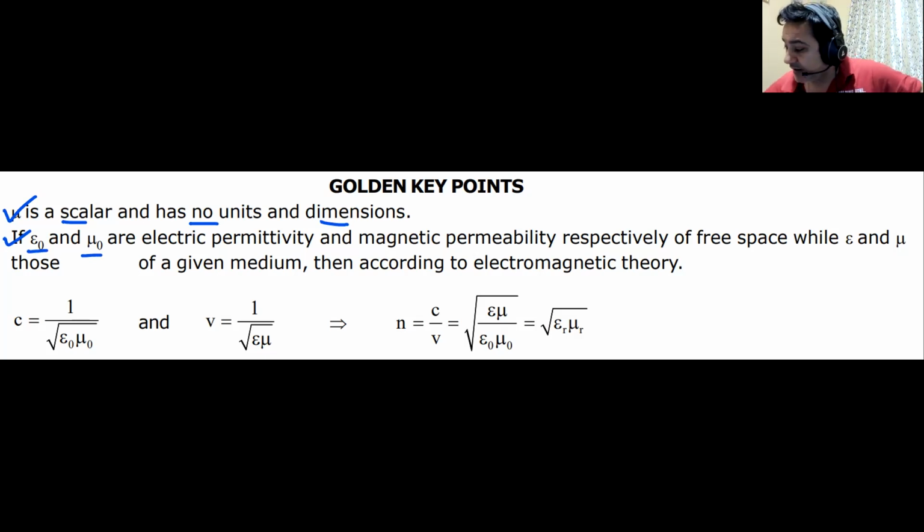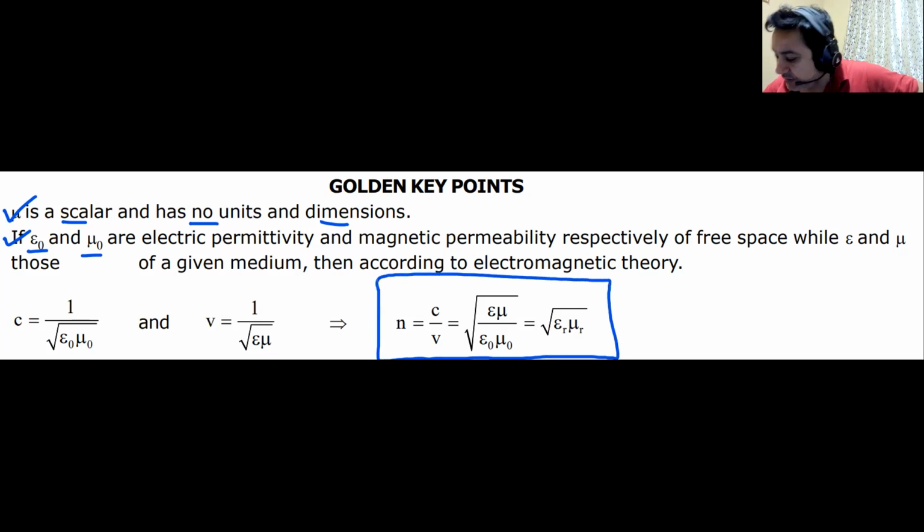Then you can have this relation, the refractive index can be written in this form. Refractive index of that medium would be c, the speed of light in vacuum, divided by v, the speed of light in the medium.